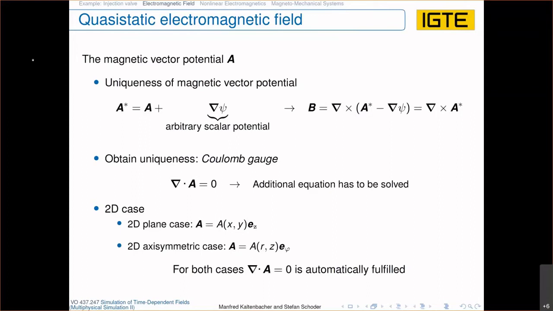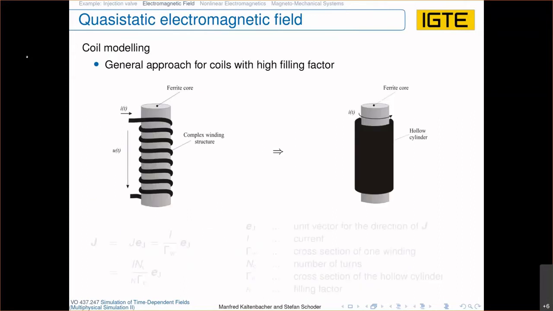Okay, so if we now go on and do some investigations in the modeling, especially in 3D, you know that coils with a high filling factor have a lot of turns, and it is very difficult to really model all these details geometrically. You can do it clearly. However, the discretization, meaning the mesh generation, will be a real big challenge.